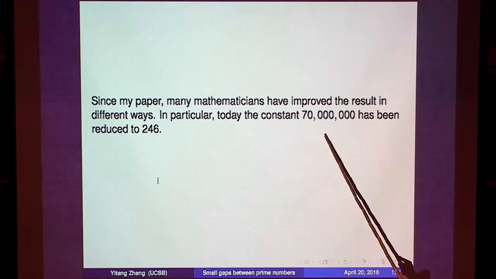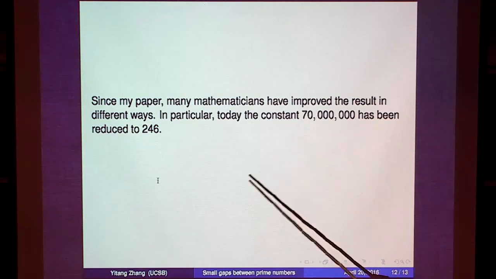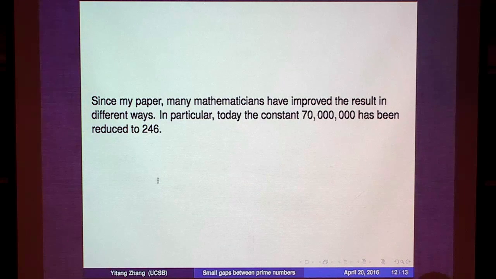In particular, today, 70 million has been reduced to 246. But till now, all these methods, what I can tell, cannot reduce it to 2. That means the final solution of the twin prime conjecture by the present methods still, I think, has some essential difficulties.